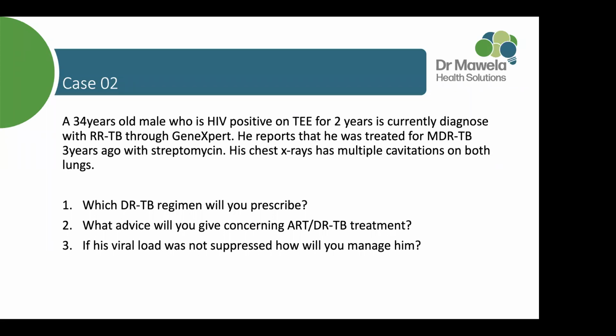So proper history is important to take on the patient. And on our patient here in case 2, there's a report that the patient was treated previously with MDR-TB. Now, unfortunately, you wouldn't want to risk this patient on a short regimen because they were treated.